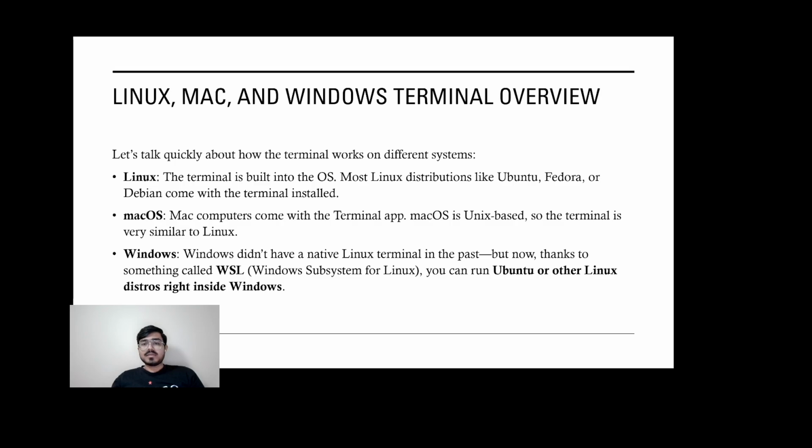Mac OS is Unix based, so the terminal is very similar to Linux. Windows didn't have a native Linux terminal in the past, but now, thanks to WSL, Windows Subsystem for Linux, you can run Ubuntu or other Linux distros right inside Windows. So this is the overview. Let's see the next slide.